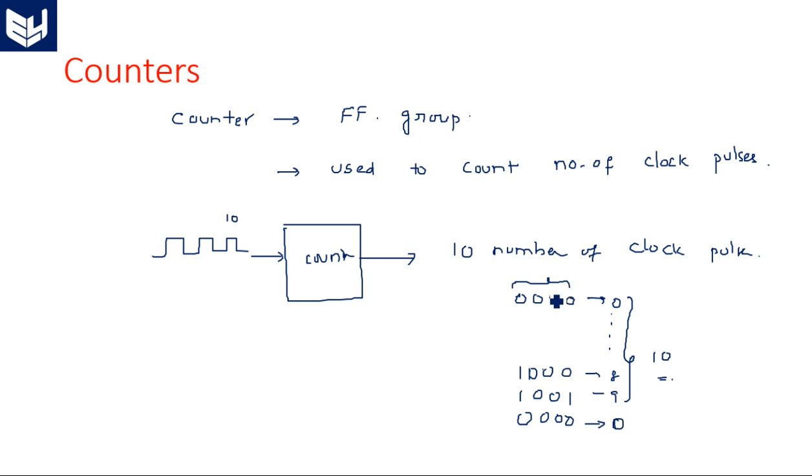Each bit will be stored by one flip-flop, so definitely we need 4 flip-flops. Likewise, the number of flip-flops depends on the number of clock pulses, similar to registers. It's a group of flip-flops.